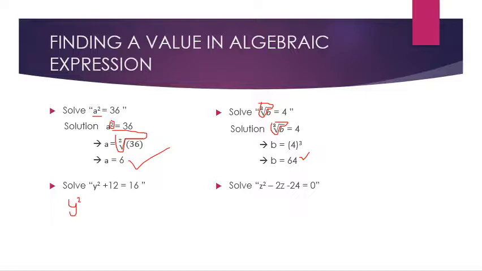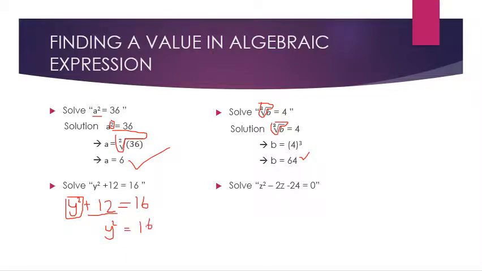y squared plus 12 equals 16. The first step in doing an algebraic expression is to put the letter that you want to solve. In this case, we want to solve for the value of y. So make sure y stays on the left, and you change the position of this addition to the other side.